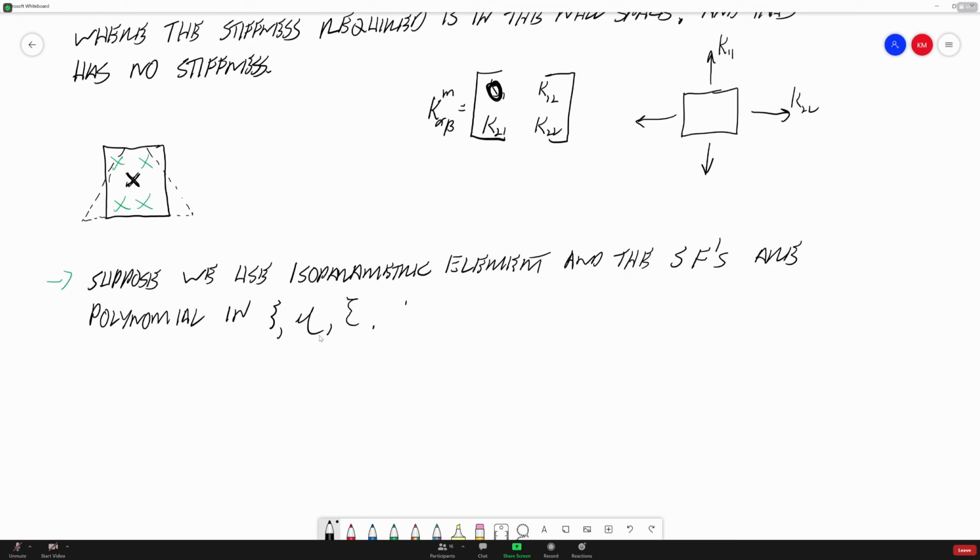And the question is, is it even possible to exactly integrate K alpha beta to the M using Gaussian rules?